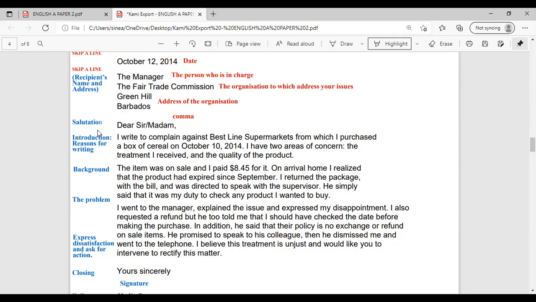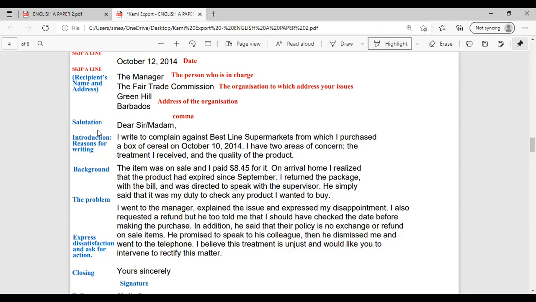I returned the package with the bill. And that is why I told you when we first started this section, listen, it can happen to anybody, and because of that, we have to make sure we make sense of everything that we're writing. If you were in a situation like this and you purchased an item and realized it was expired, would you just show up and say this is expired, or would you show up with a bill?